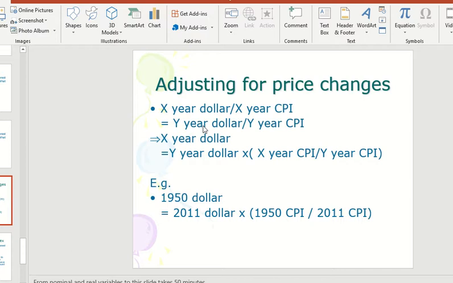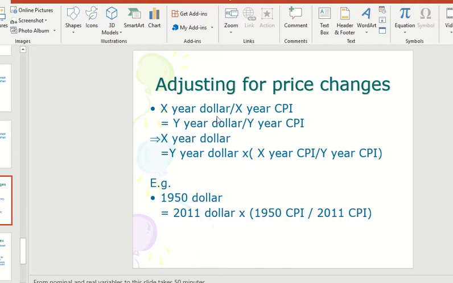So what we are trying to do here is to force the equivalence between a certain amount of money in X year and a certain amount of money in Y year. Okay? So X year dollar divided by X year price level. Here we use CPI, but it doesn't have to be CPI. It can be any price index.